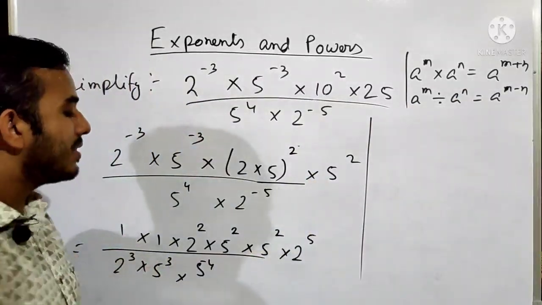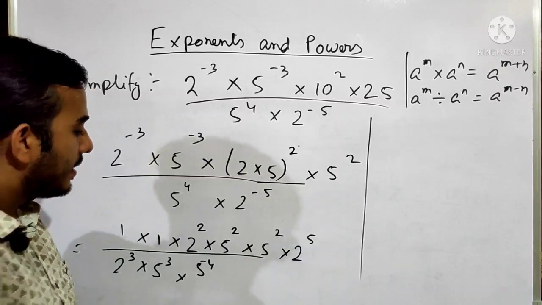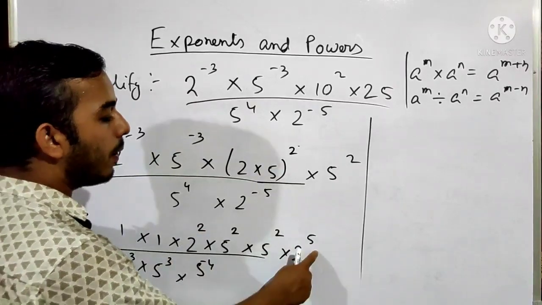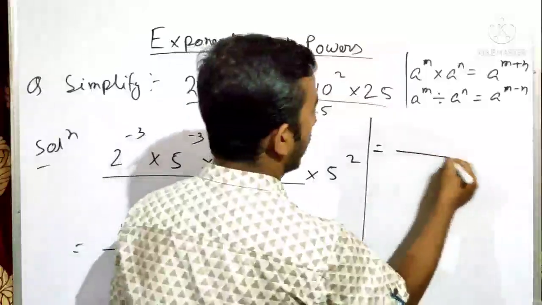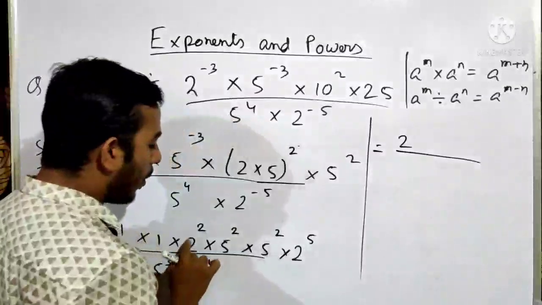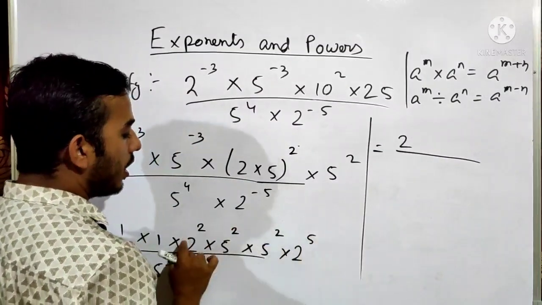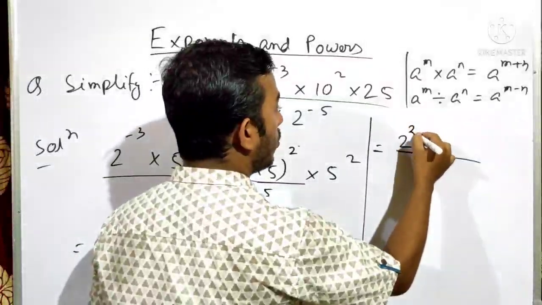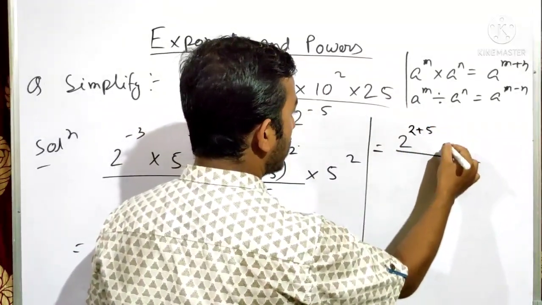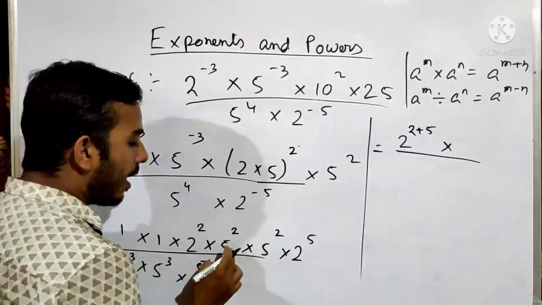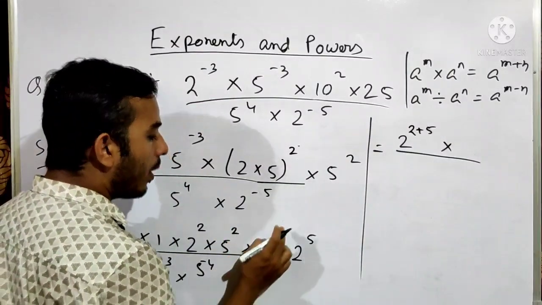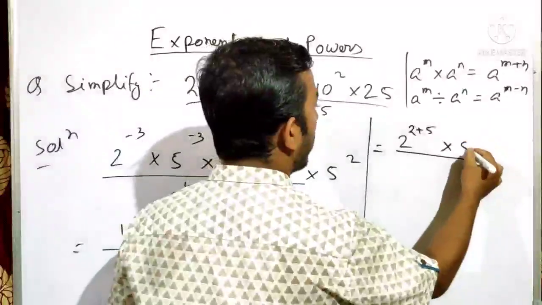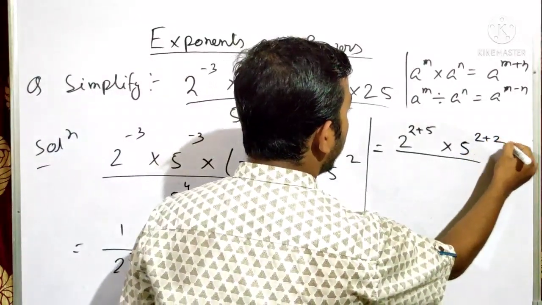So look here, 1 into 1 is nothing, let's neglect this. Now a power m into a power n will be what? A power m plus n. So it will be 2 plus 5. Next, again a power m into a power n, so it will be a power m plus n.